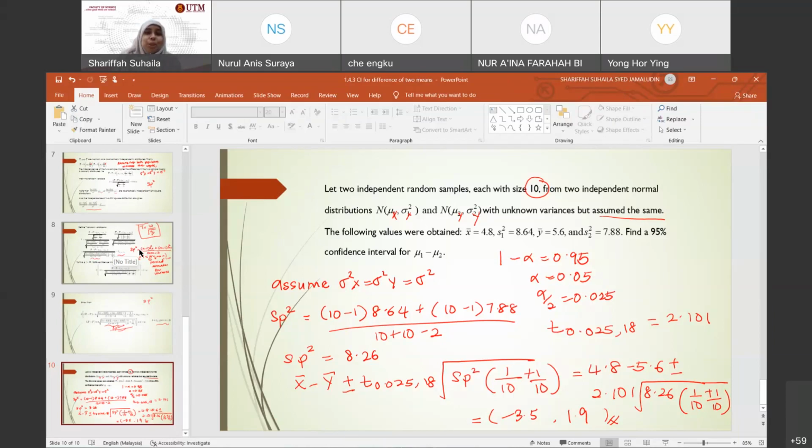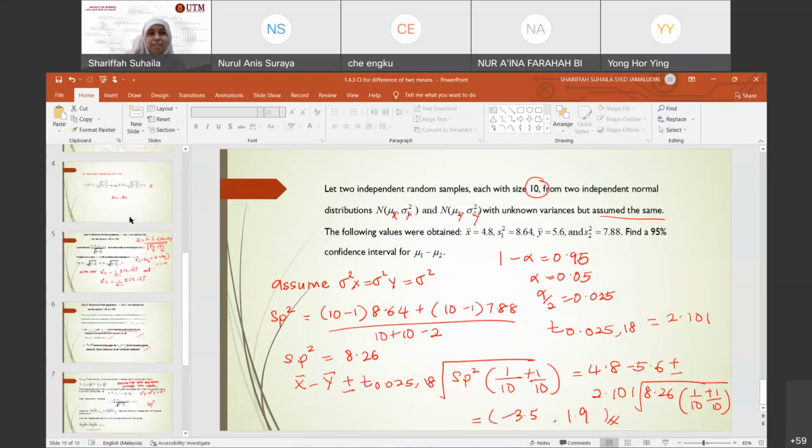Okay, itu yang kamu dah belajar dalam first year punya statistik. Kalau difference between two population mean, actually dia ada 5 formula that you have to know lah. So first case, bila case kita variance unknown, tak kisah large sample, small sample, as long as your variance population unknown, you still use normal distribution. Okay, ini yang first case tadi tu.